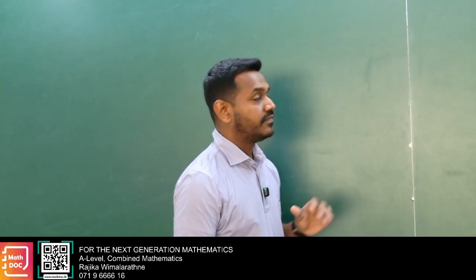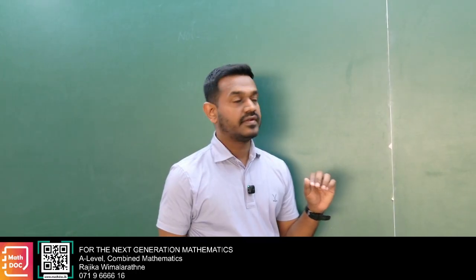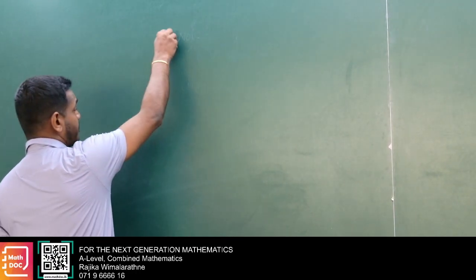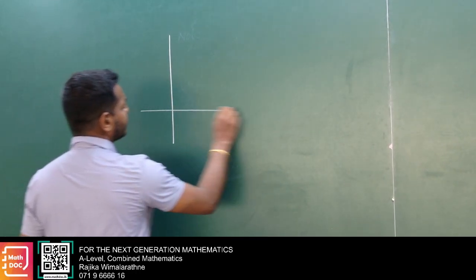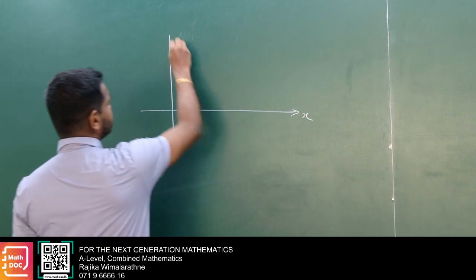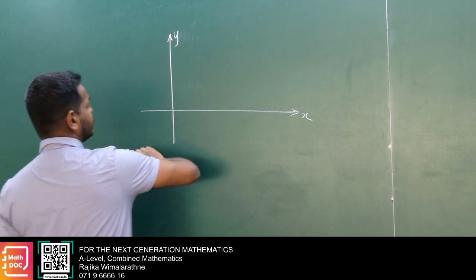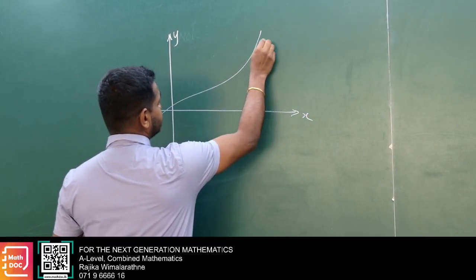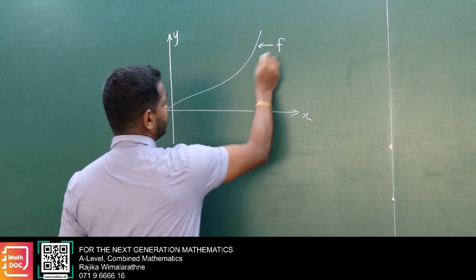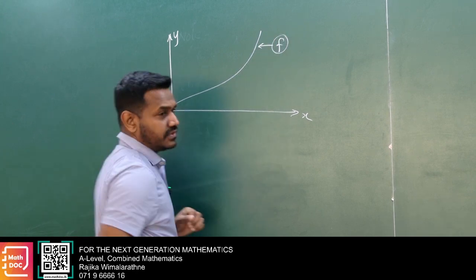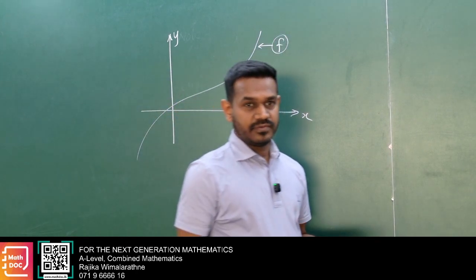Now you see this one. Here x-axis, y-axis. Let's sketch a general function like this. Let's say f is the function. So the graph can be different forms.